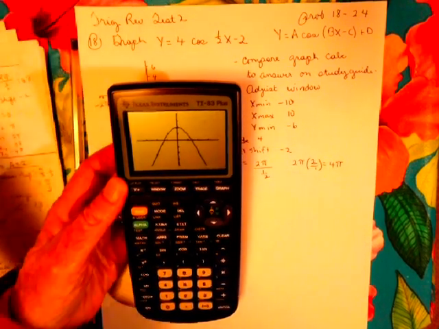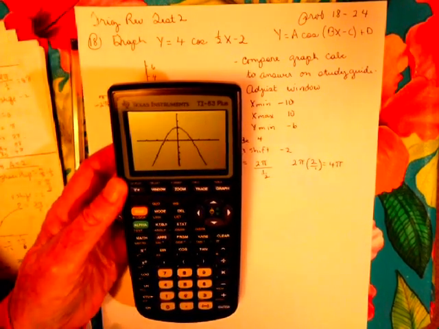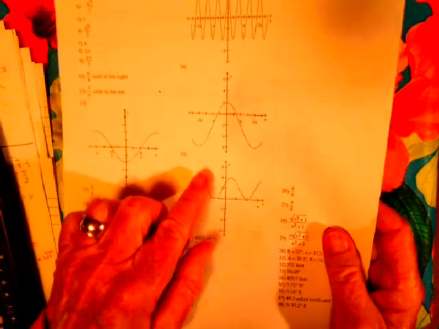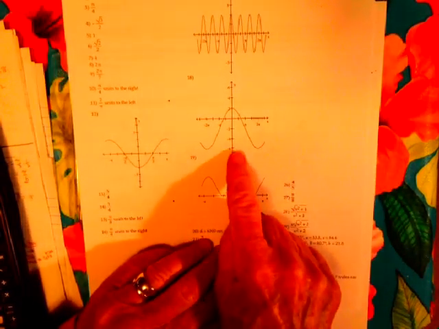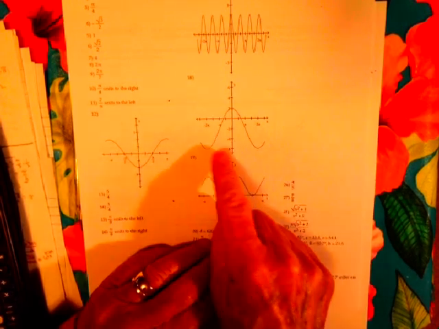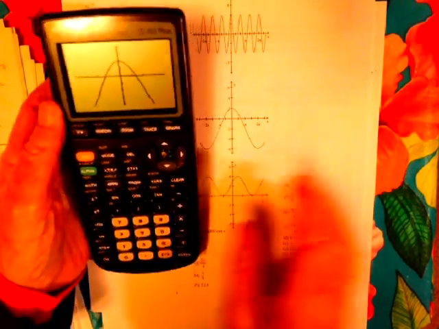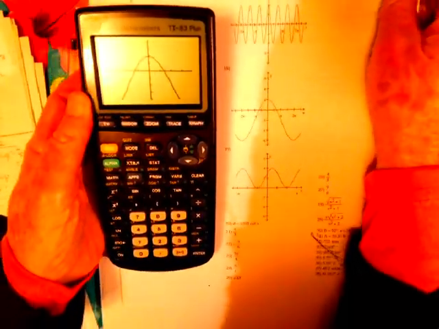When I compare this to the answer that I have on the study guide for problem 18, I can tell that the answer on the study guide is shown a little more of the x and a little more of the y, so I need to adjust my window a little bit.